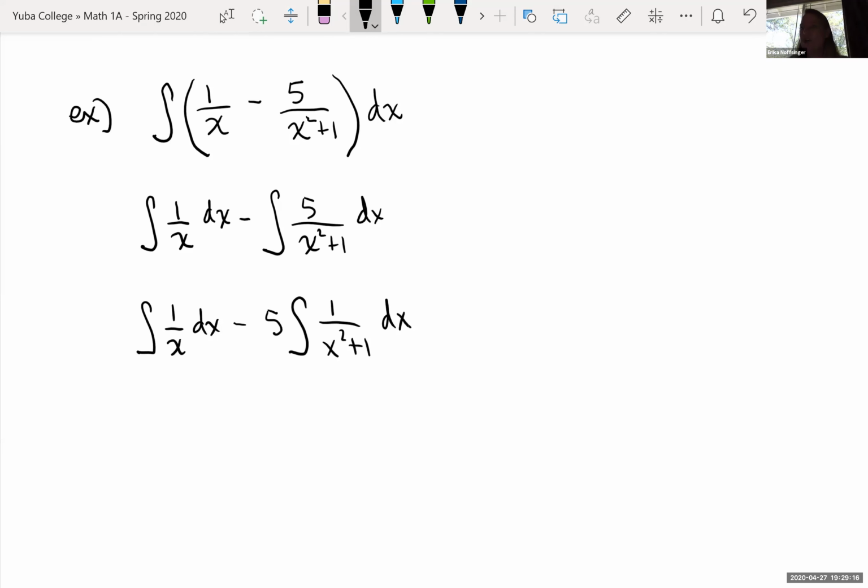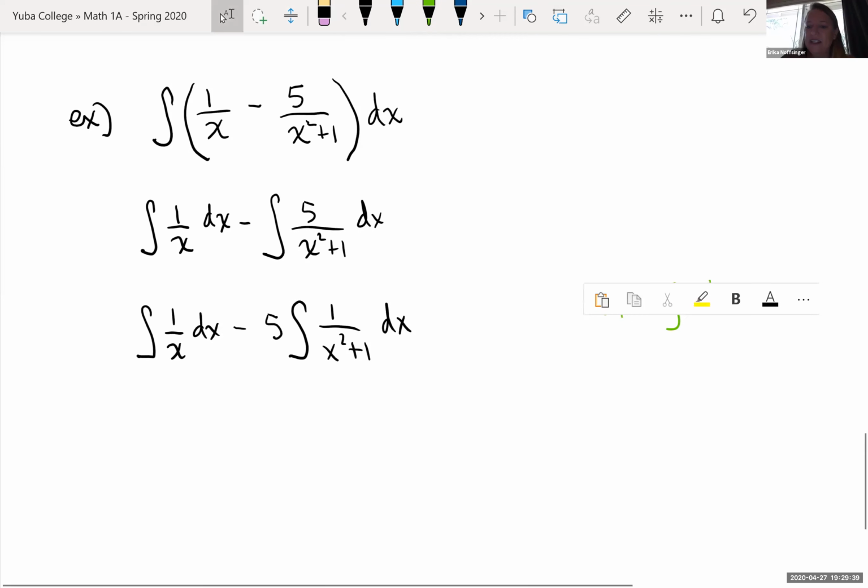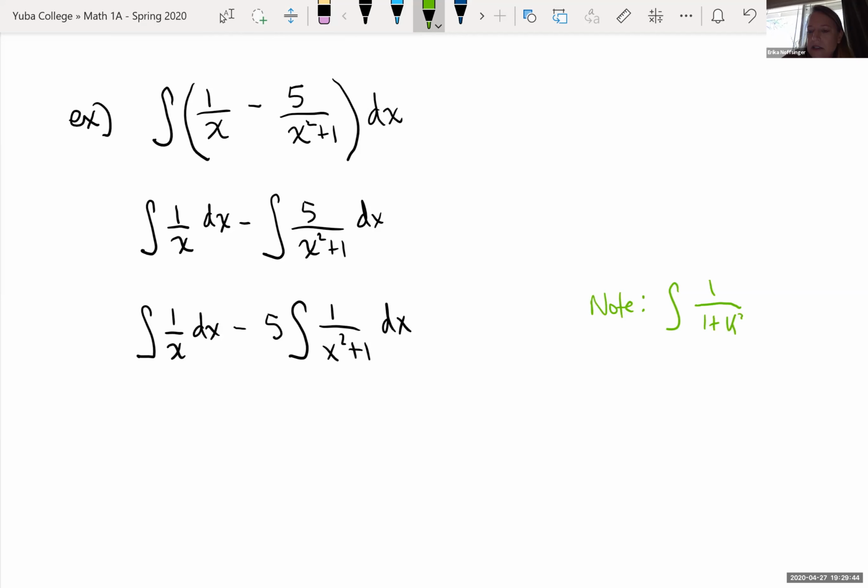I would go look at my chart to see which trig function that looks like, and I notice that it looks like my tangent inverse. So looking back, 1 over 1 plus k squared x squared dx was equal to 1 over k tan inverse.